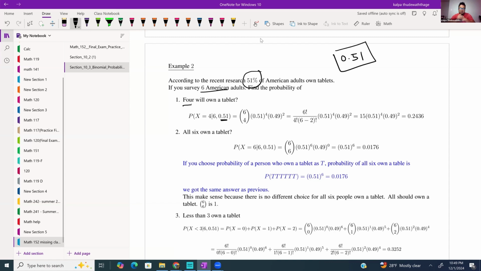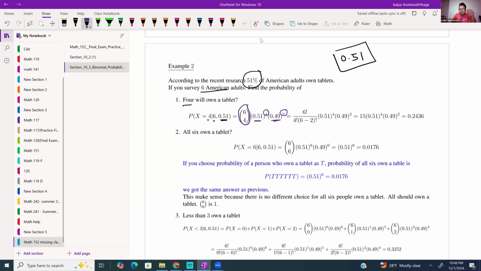That's what I'm going to find out. 4 people own a tablet out of the 6 people I choose. 4 people own a tablet, which is 0.51 raised to the power 4. If 4 people own a tablet out of 6, how many do not own a tablet? 2 people. That's their probability.